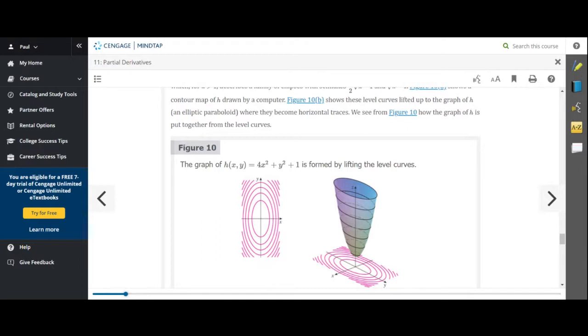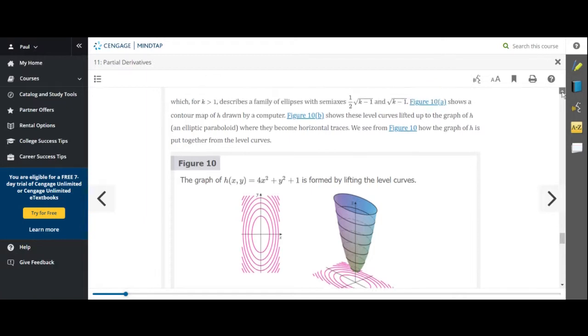When the contours are close together, the surface is getting steep. When the curves are further apart from each other on the contour plot, the surface is getting less steep.